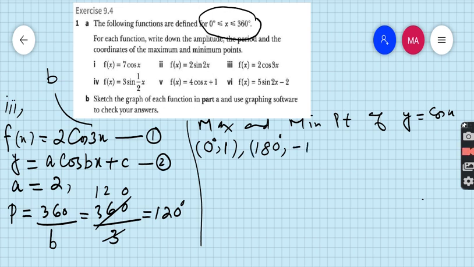You can find with the help of a calculator. At 360 degree, the value is maximum, that is 1. At 540 degree, the value is minimum, that is -1.